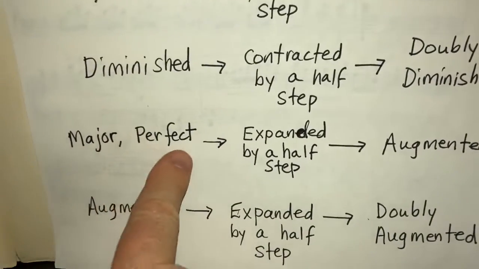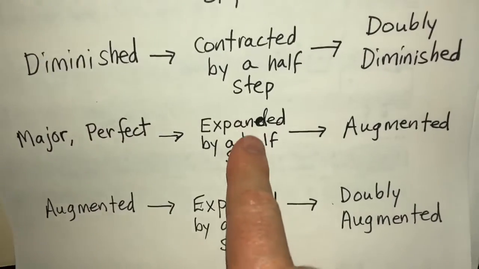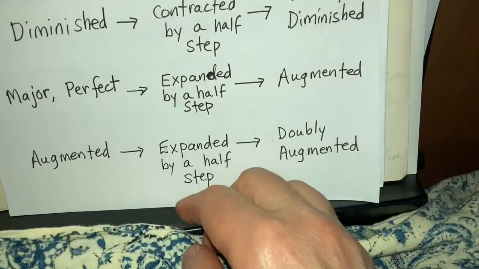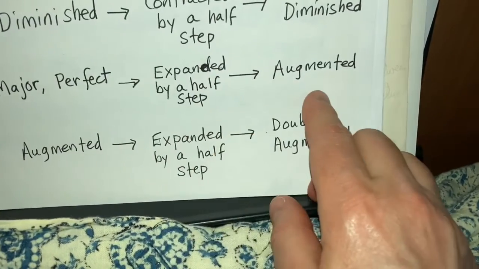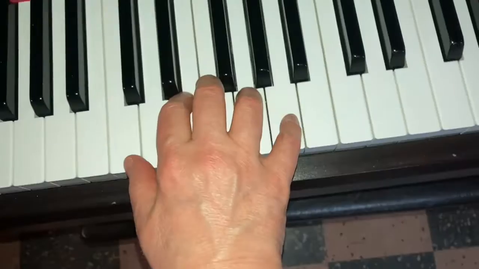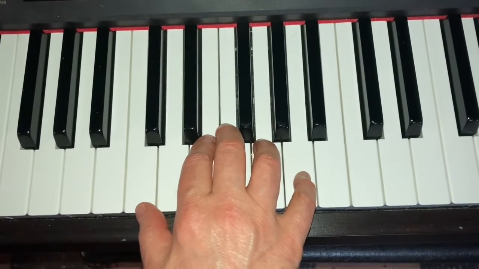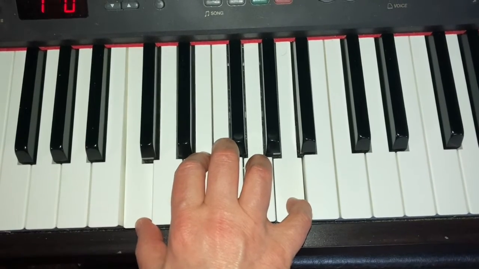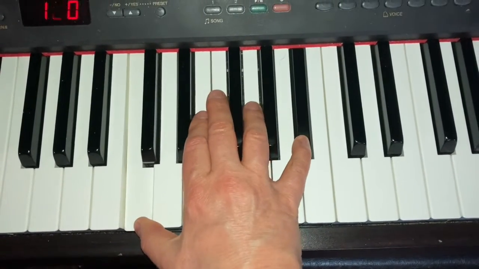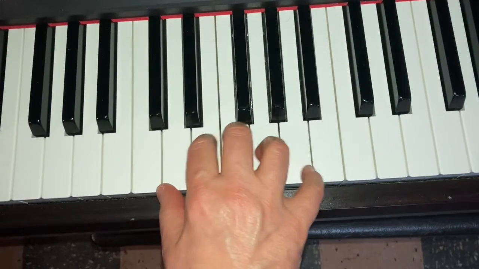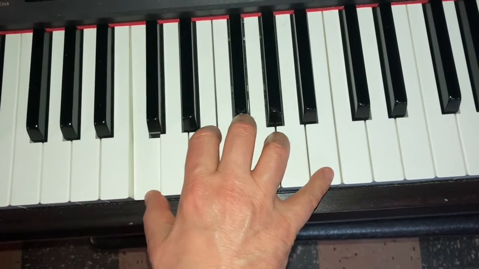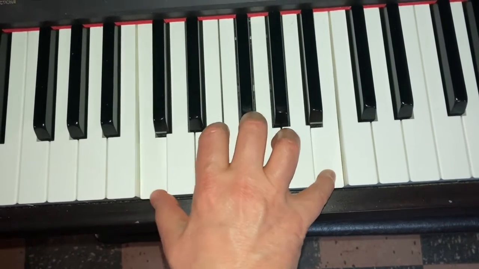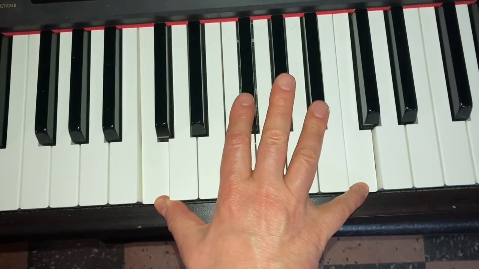All the scale intervals, whether major or perfect, if you expand them, make them larger by a half step, by raising the top note, or by lowering the bottom note, they're called augmented. Here's a major sixth in the key of C, from C to A. Here's an augmented sixth, C to A sharp. Here is a major seventh, C to B. Here's an augmented seventh, C to B sharp.